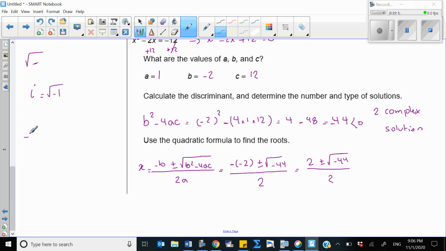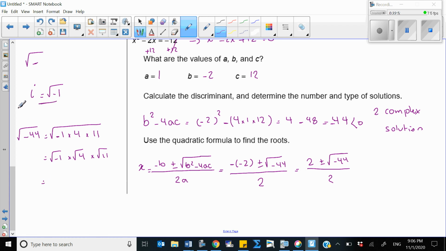Now let's see what is negative 44. First of all, negative 44 is negative 1 times 4 times 11. Now what is square root of negative 1? That's square root of all these. Now I can separate all these numbers with their square roots. So it's going to be square root of negative 1 times square root of 4 times square root of 11. What is square root of negative 1?